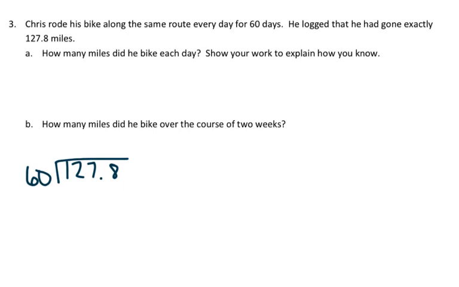So I do know that 60 times 2 is going to give me 120, so I'm going to put my 2 here. And I have my 7. So now our students are working with the decimal point instead of the remainders. So I'm going to bring down my 8. And how many groups of 60 are in 78? And I can do that one time.